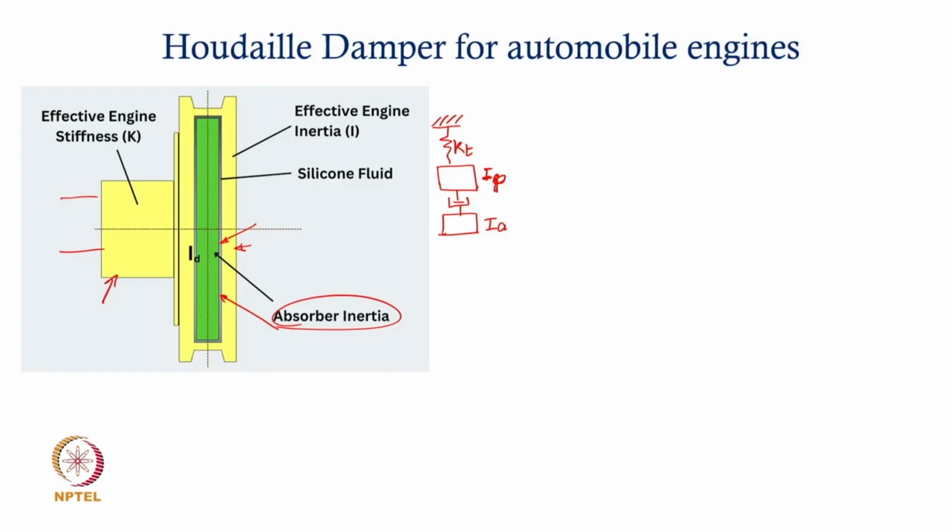It came almost a century back, and then started getting used extensively in automotive engines. If you look at this closely and compare it with the kind of absorber connection we had in the previous case, where a spring and a dashpot with this inertia is your absorber system, now you have only the dashpot.